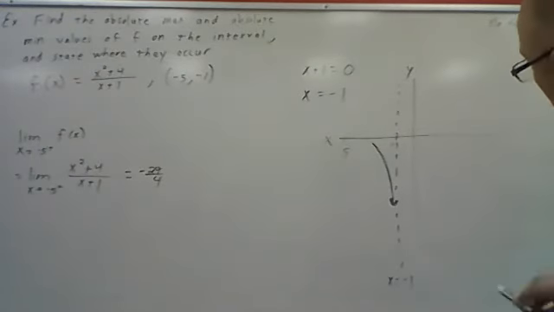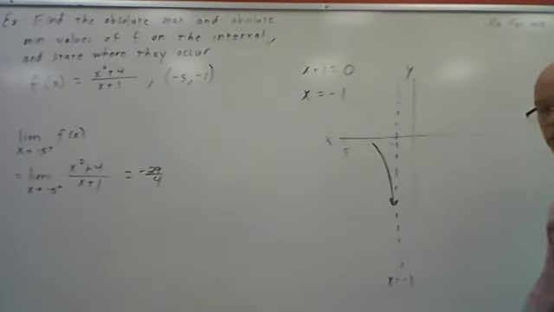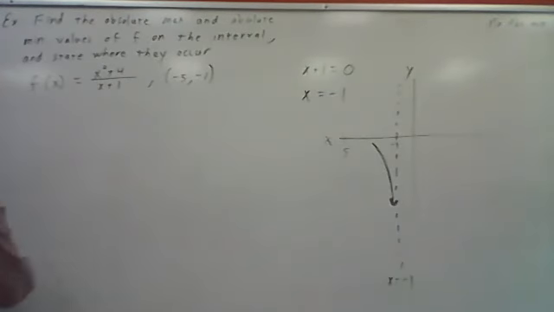We already ruled out absolute min. So where could that absolute max occur? Well, at a critical point. Let's find my critical points. Let's find f prime of x.